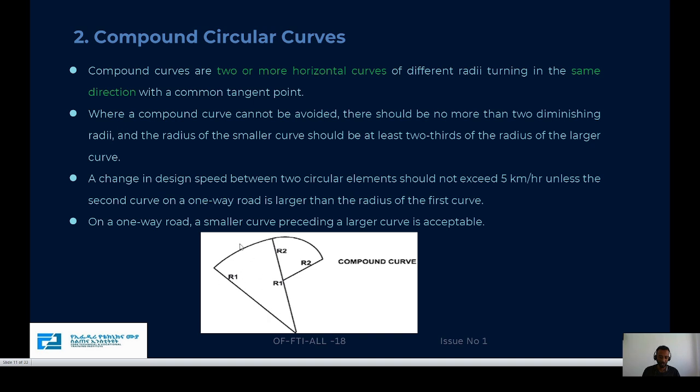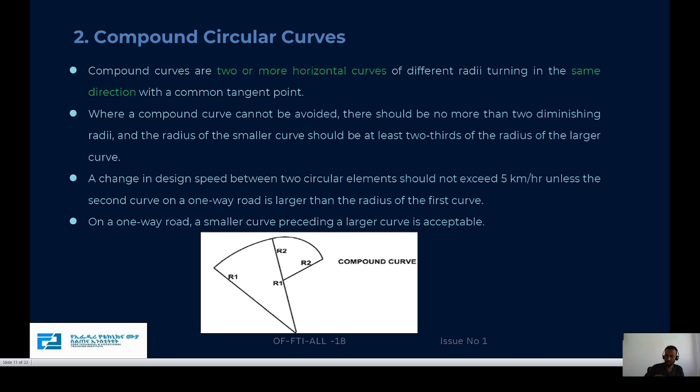For example, there is a first curve and this one is a second curve. So the first curve will have its own radius 1 and the second curve will have radius 2. So two curves combined together is a compound curve. Mostly compound curves cannot be avoided, but where possible we avoid them. When they are not avoided, preceding the larger curves with smaller curves is acceptable.